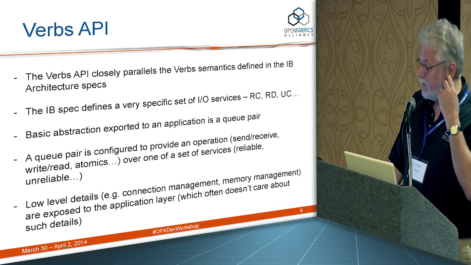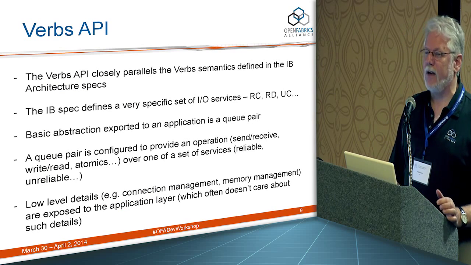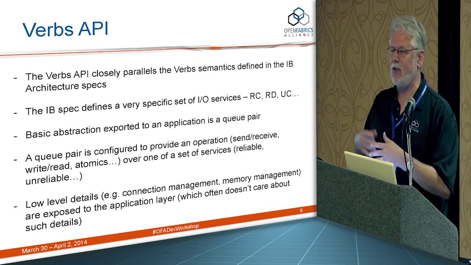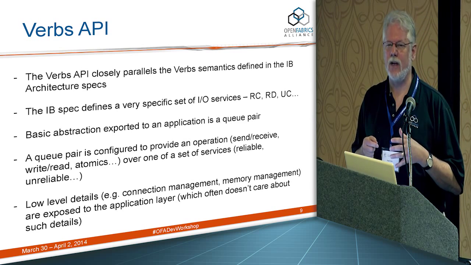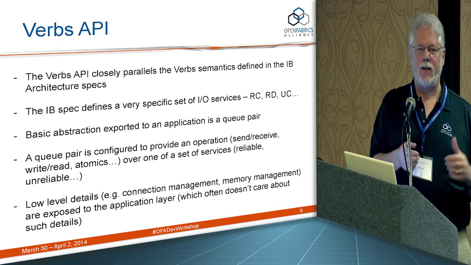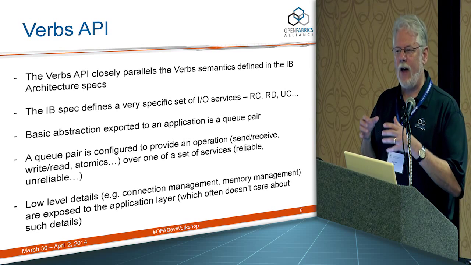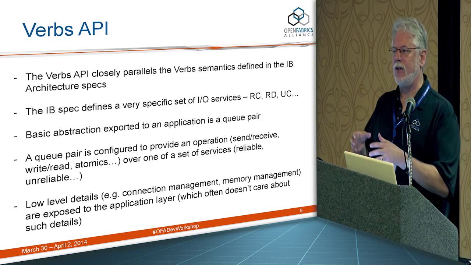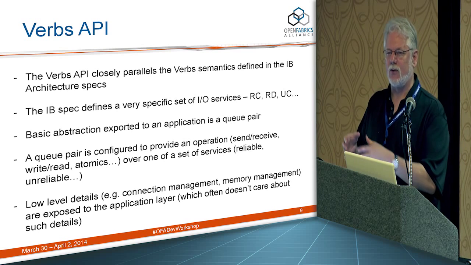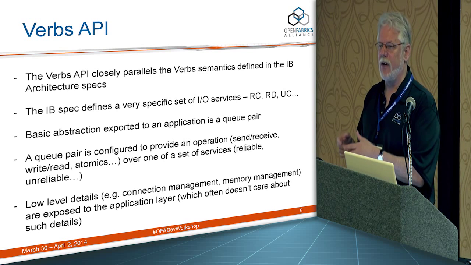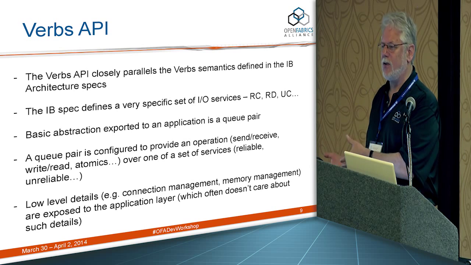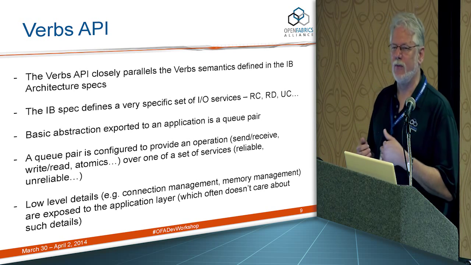If you take a look at the Verbs API, it closely parallels the semantics that were defined in the IB spec. I think we all know this. This is history. So InfiniBand was invented, and what came along with that was a series of services and a series of semantic descriptions that described the way those services work, which in InfiniBand specification terms happen to also be called verbs.